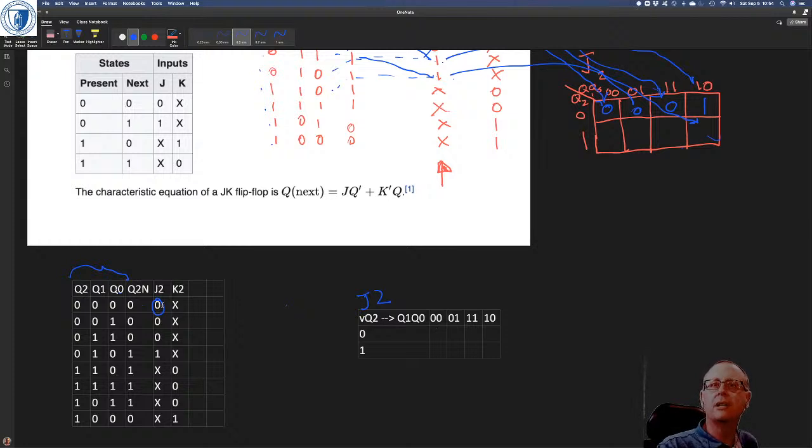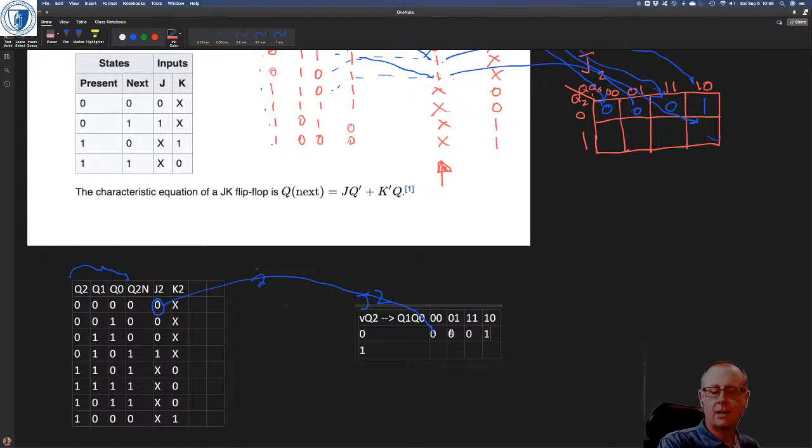So this one goes in here, and I'll try and do it right, so that's 0. The next one is 0, 0, 1, which is this one, so it goes there, a 0. Next one is 0, 1, 1, so it's there. And the next one is 0, 1, 0, which is here, and that's a 1, right?